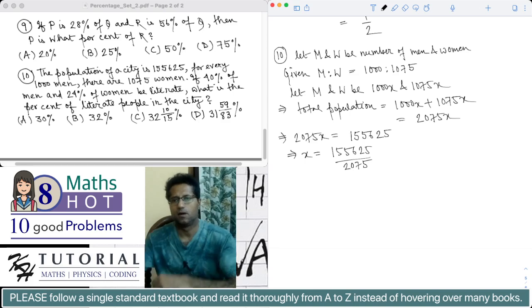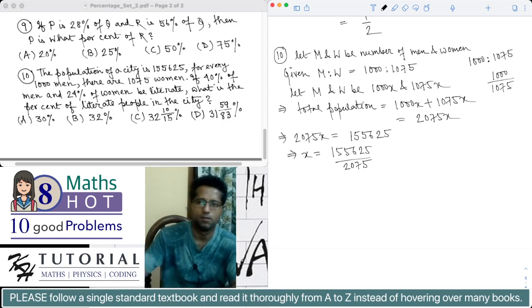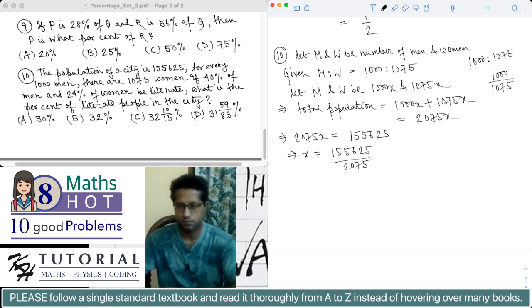Now, I think instead of considering this, we should reduce the ratio to its simplest form. 1000 is to 1075 means 1000 divided by 1075 in fraction form. This fraction is not in its simplest form. Let's convert it.